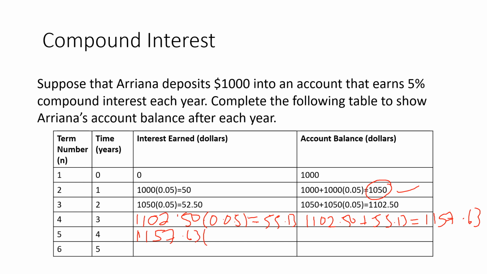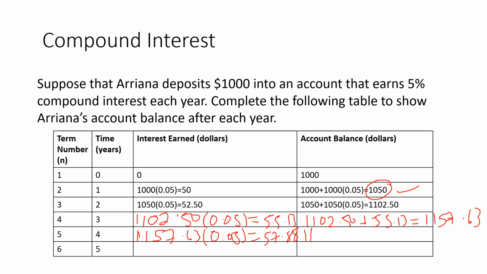Now you take 1,157.63 and multiply it by 0.05. You have 57.88.